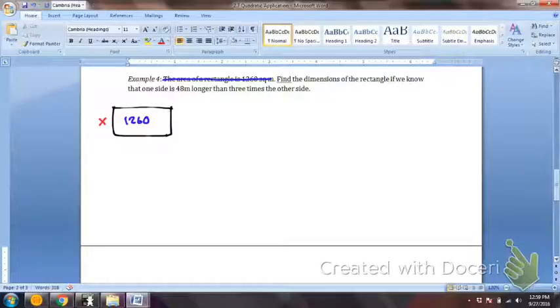We're going to add 48, right? If you're 48 meters longer than something, that means you're adding 48 to something. Meters longer than 3 times the other side. How could we represent 3 times the other side, Austin? 3x. Perfect. So we have 3x plus 48.